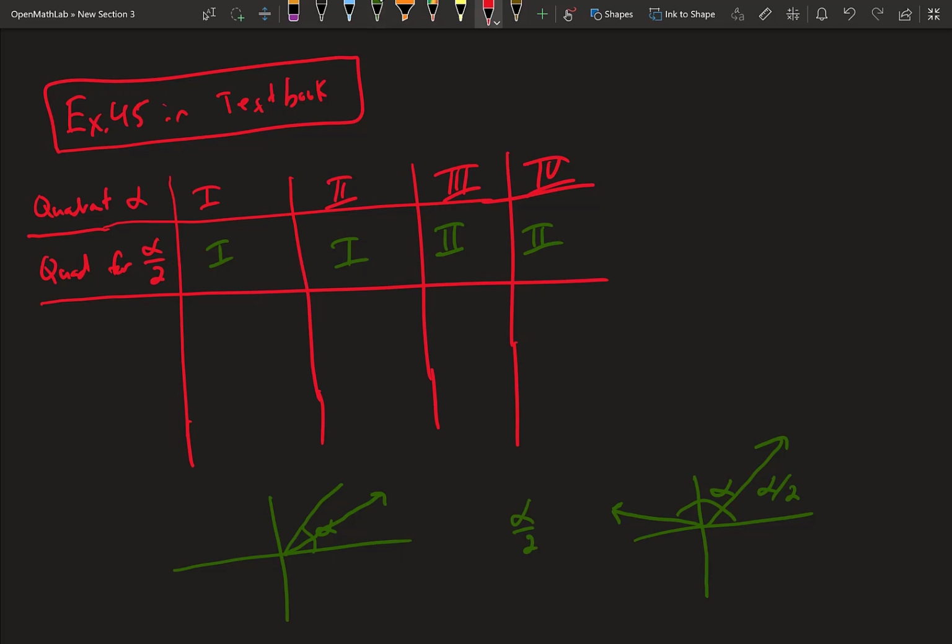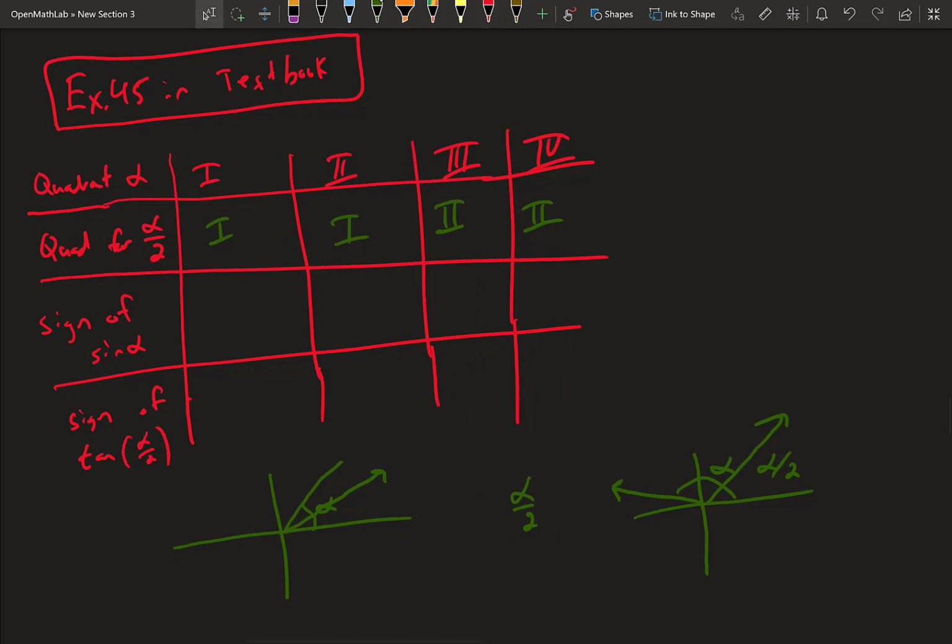Then the next rows we want to think about: what's the sine of alpha, and what's the tangent of alpha divided by 2? Don't forget, all students take calculus.